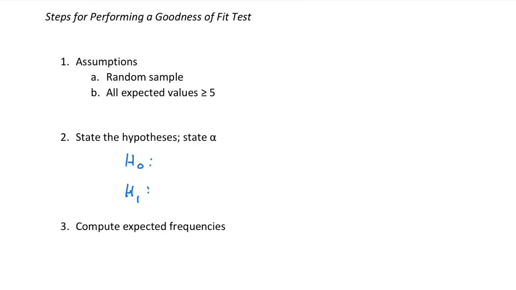In this case, all we're really saying for the null is something to the effect that the claim is true. Now, we'd probably want to include some context in there. We'd probably want to talk about what claim we are talking about. We might even include what the values are. But it's really more a matter of our null believing that the claim is actually true. The alternative then is that the claim is not true.